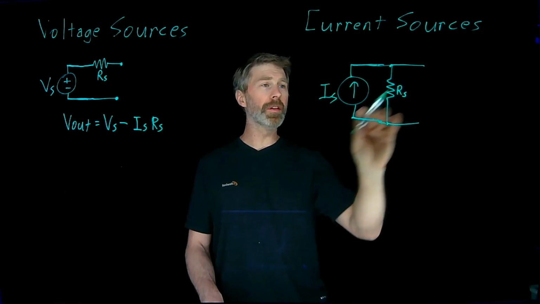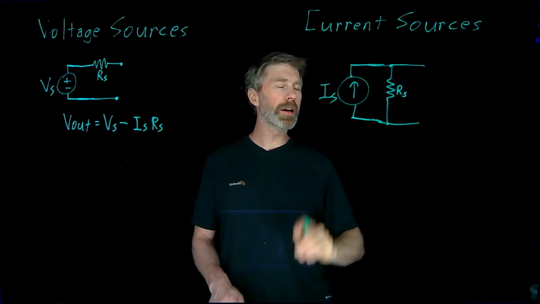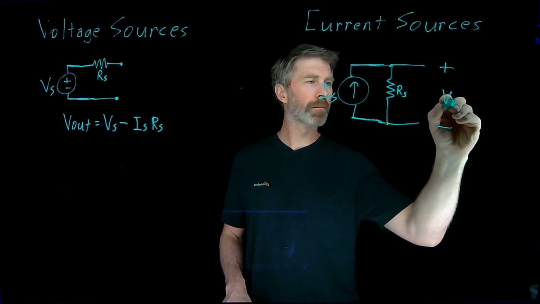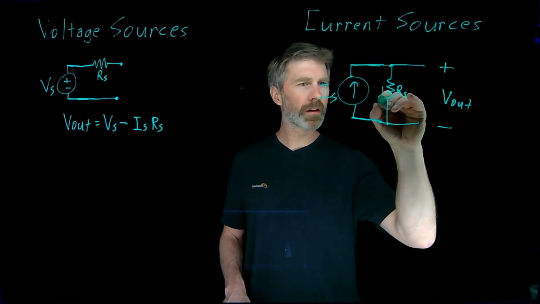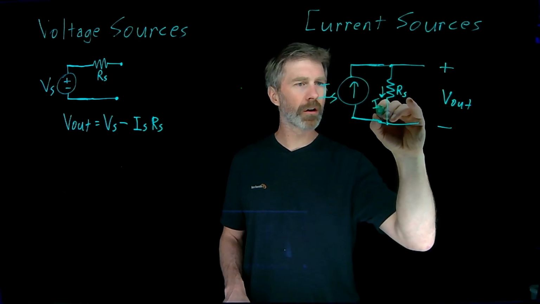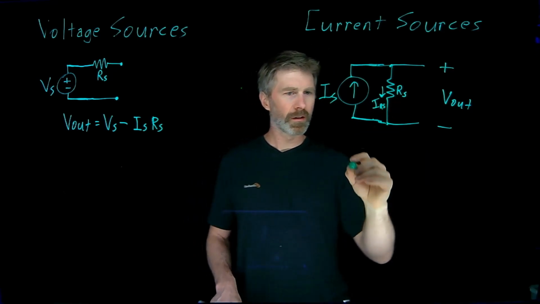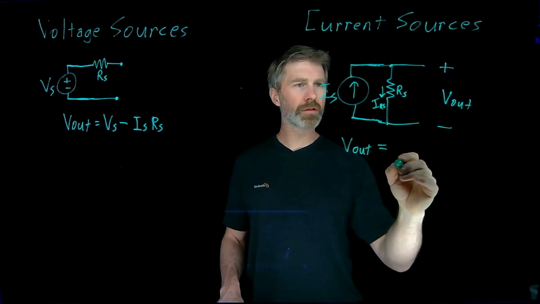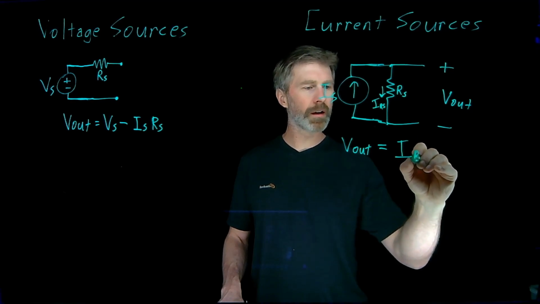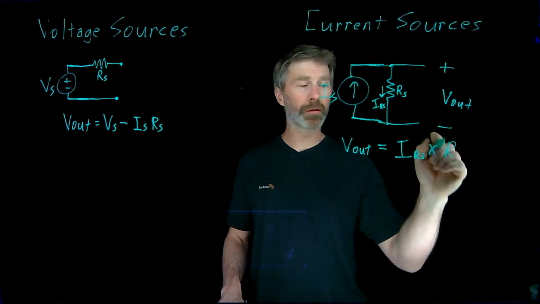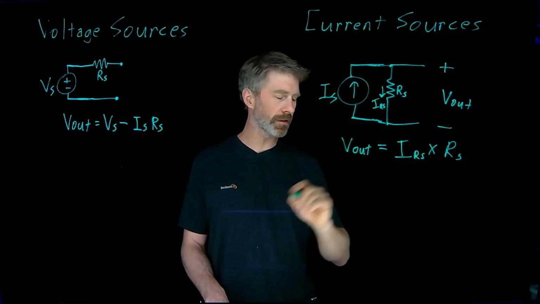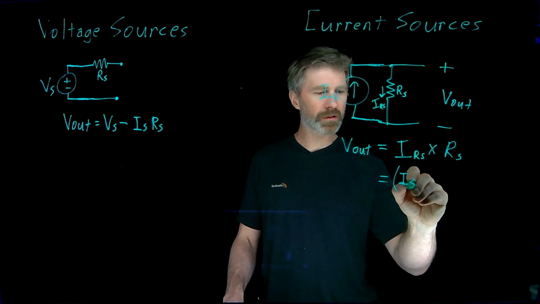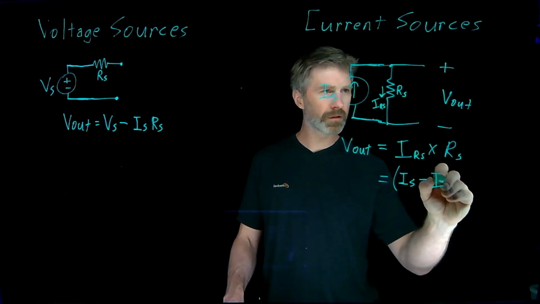Over here on the current source side, the RS sets an upper limit to V out. And if we look at an internal current here through RS, just call that IRS, V out is equal to IRS, so the current going through RS, times the value of that internal resistance. And that IRS is equal to whatever's coming from the source minus whatever's going to the load.